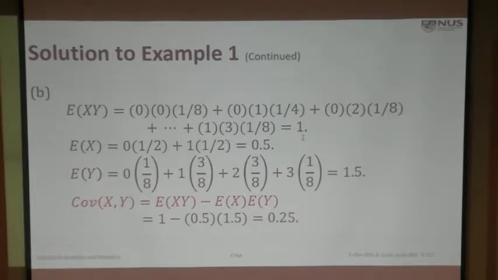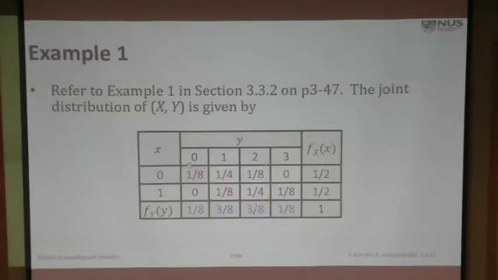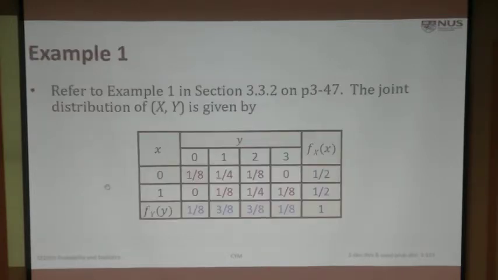The expectation of x, well, we know how to compute that. Let's remind ourselves, the expectation of x is going to be 1/2 times 0 plus 1/2 times 1. So that should be 1/2. The expectation of y is 0 times an eighth plus 1 times 3/8 plus 2 times 3/8 plus 3 times an eighth.